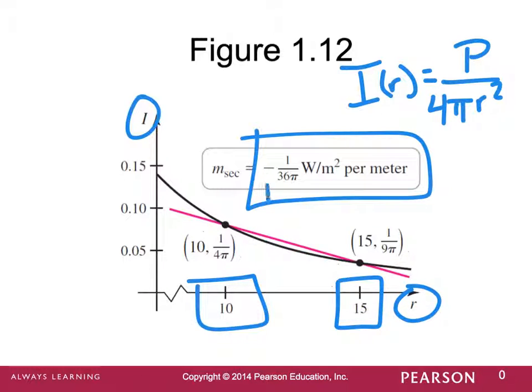First off, this is negative, so that tells us that we have an average rate of change that is decreasing. And that's important. You need to be able to interpret what these numbers are telling you. So we see that it's negative, and we get a relative size, 1 over 36 pi. It's a small number, but it gives us an idea of the average rate of change of the decrease in the intensity as we move from 10 meters to 15 meters away from the source.